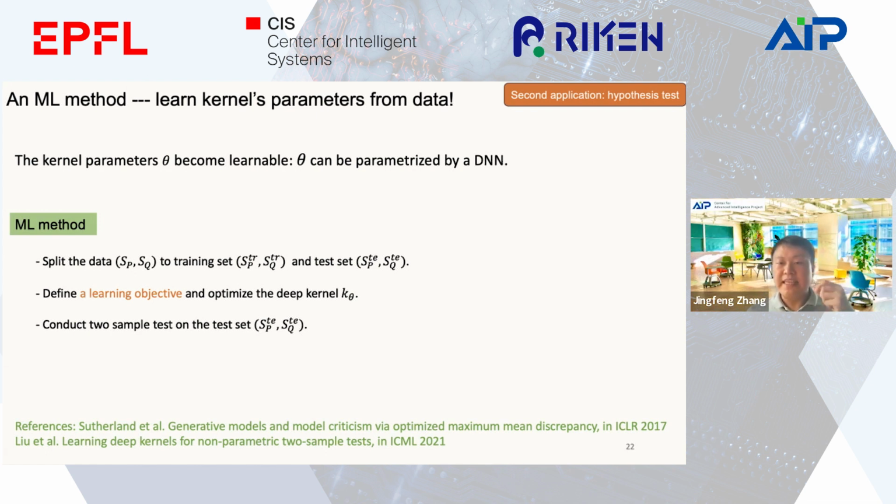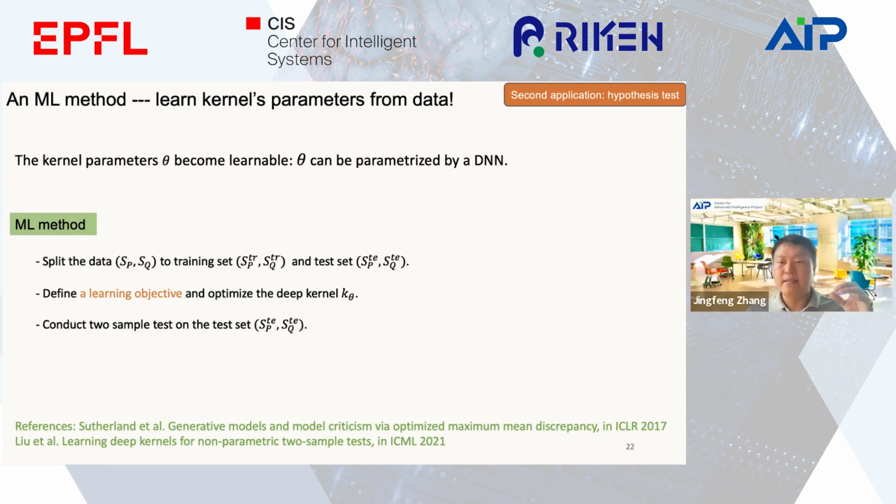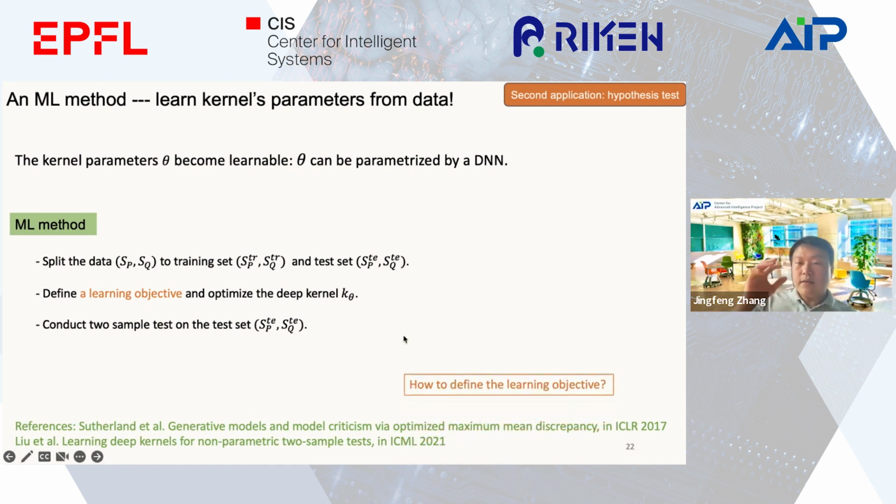Second, we define a learning objective and optimize the deep kernel. Then we conduct two-sample tests using these optimized deep kernels. The next question is how to define the learning objective for learning the optimized deep kernel.